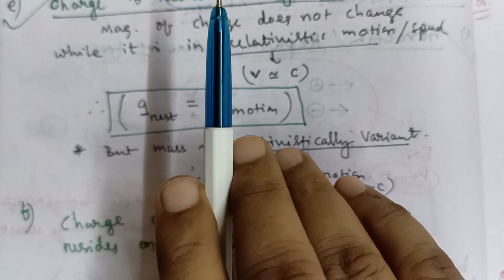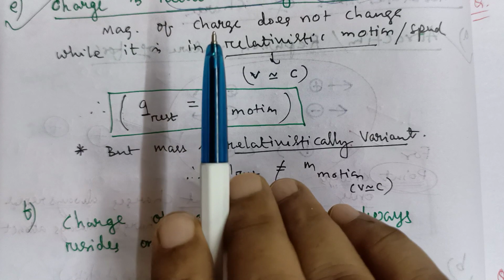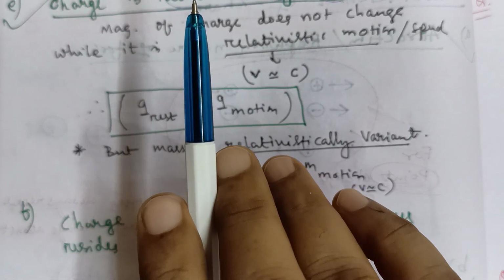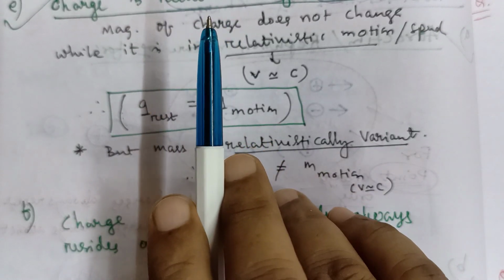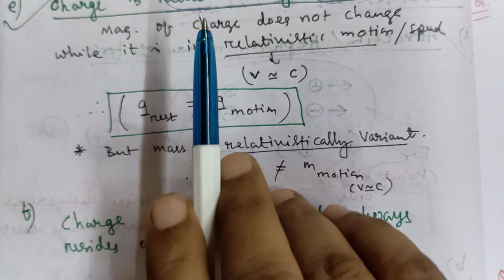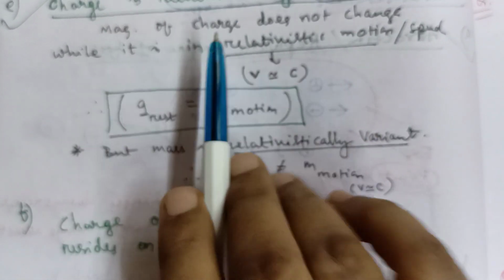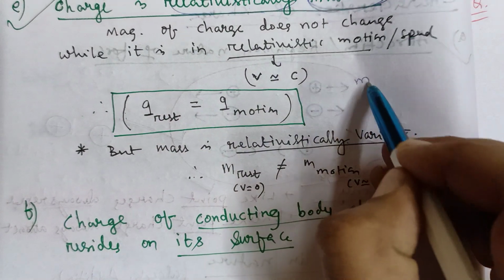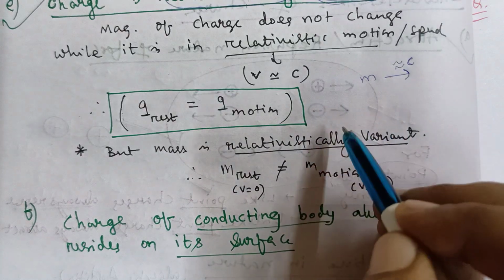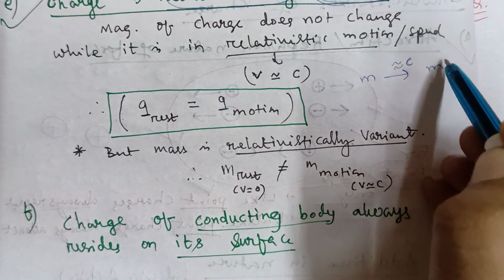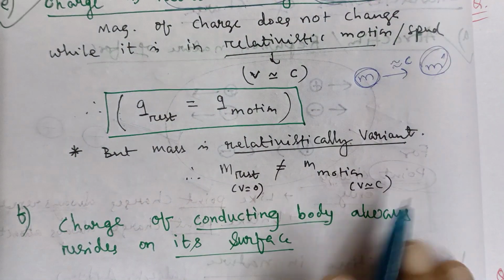If I take this pen sitting on a motorcycle, the mass of the pen does not change. If I go by bus, the mass of the pen does not change. If I go by train or flight or in a rocket, no change in mass. Mass is constant. But if this mass moves with very high speed, equivalent to the speed of light, then the mass will change. This is known as rest mass, and this is known as relativistic mass.